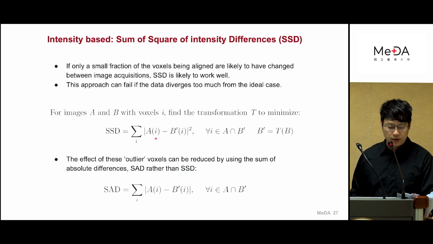This method tends to work well when only a small fraction of the voxels being aligned are likely to have changed between image acquisitions. However, it may fail if the data diverges too much from the ideal case. The effect of these outlier voxels can be reduced by using the sum of absolute differences.